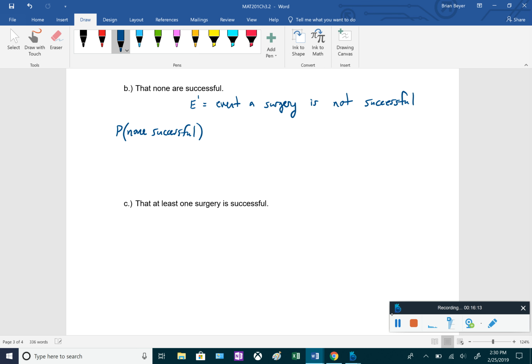Another way that we can reword this to help us figure out what to do is we're looking for the probability that the first one is not a success, and the second one is not a success, and the third one is also not a success. This is going to be the multiplication rule. It's going to be the probability of E complement times the probability of E complement times the probability of E complement. So it's a little bit tricky, but you just have to use that multiplication rule again for all 3 events happening in a sequence here.